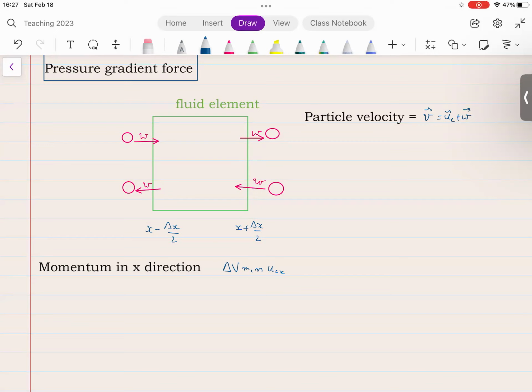The average velocity now is the velocity of the fluid element. The deviation from that velocity is what's going to tell me is this particle going to leave the fluid element or enter the fluid element. And that is what I need. If a particle moves with a velocity that's exactly equal to the velocity of the fluid element, it doesn't leave the fluid element, it doesn't cross the boundary. Those are the particles I'm concerned about here.